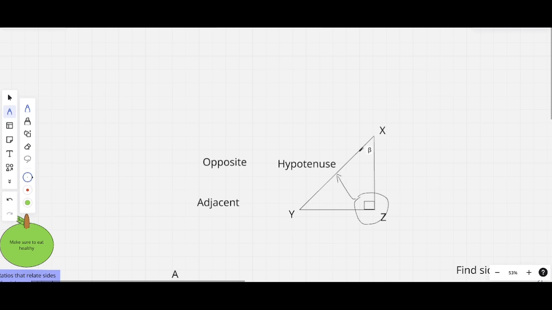Now, angle theta is the acute angle and the angle that we are given to look from. The side length that's opposite to angle theta is YZ, so this will be our opposite side. And whatever is left over is essentially our adjacent.